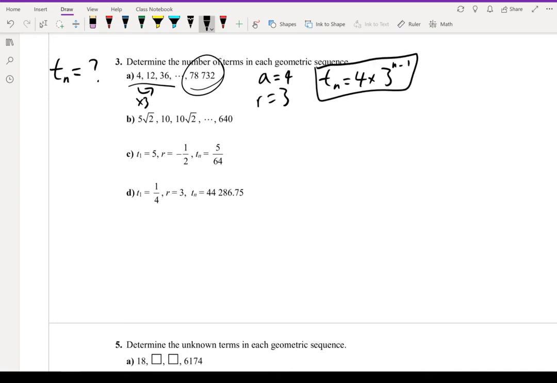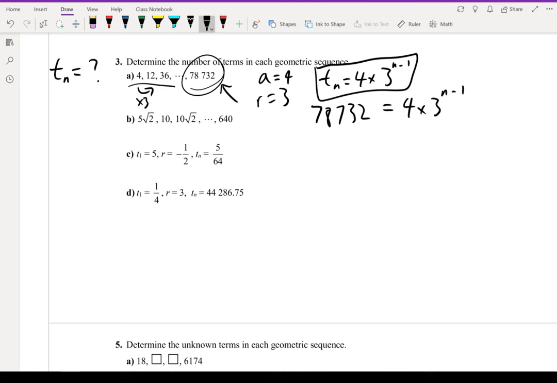Now we want to find out what n is in this term. So the nth term is 78,732, which is equal to 4 times 3 to the power of n minus 1.